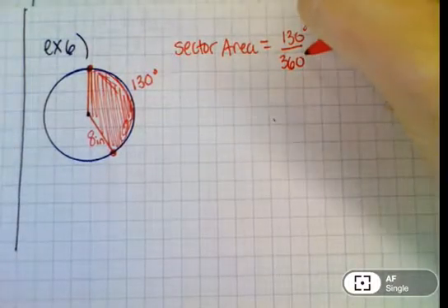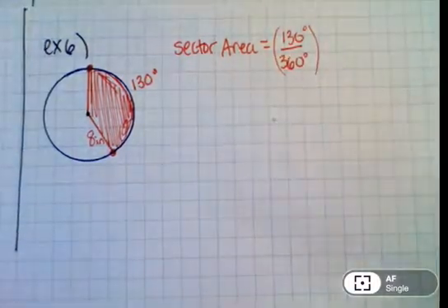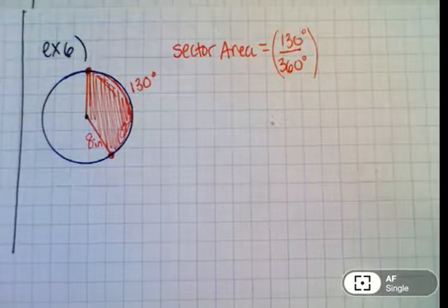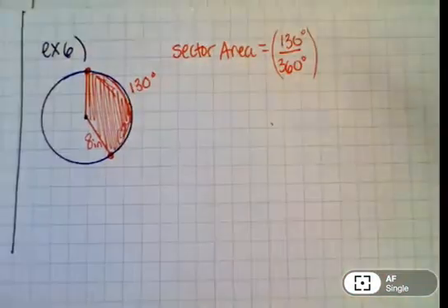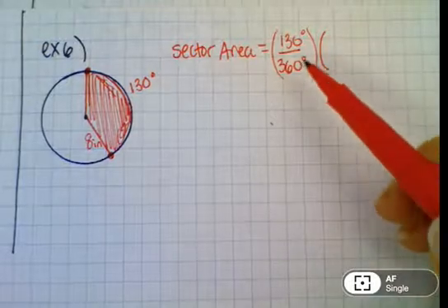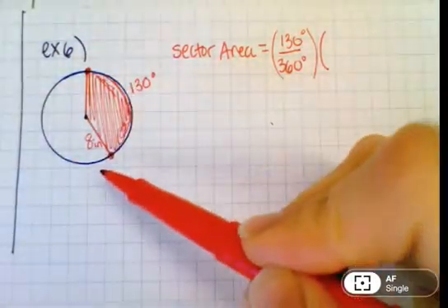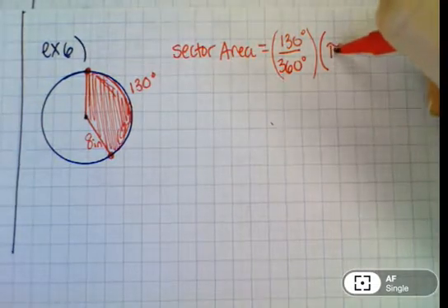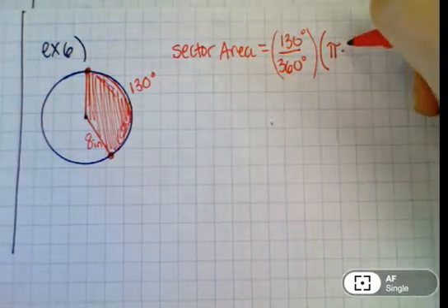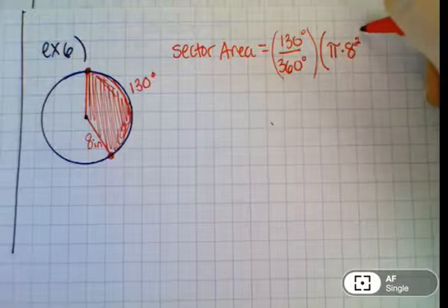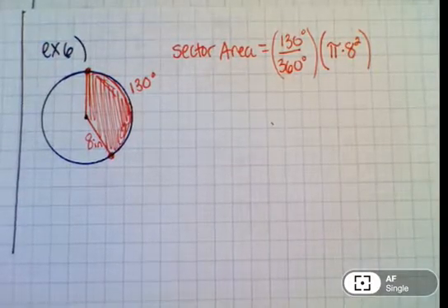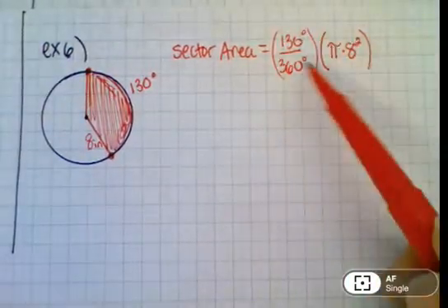So this fraction will tell me what portion of the circle is taken up by that sector. And then I'm going to need to multiply that not by the circumference like we did last time, but by the area of the entire circle, which is going to be pi times the radius, which in this case is 8, squared. And we'll write the formula down in a minute. This is just how to do this specific problem.